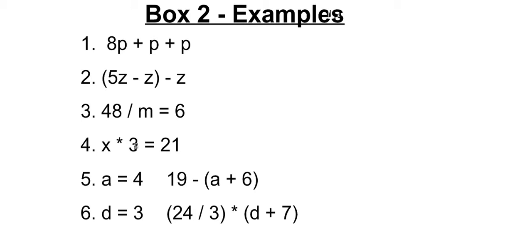Moving over to box 2, we're going to talk about some examples that can help you go through the lesson. Our first one, if you'll notice, examples number 1 and number 2 have letters but no equal signs. So what we're going to do is we're going to be simplifying these expressions, which means we're going to be putting together like terms. Notice I have 8p plus p plus p.